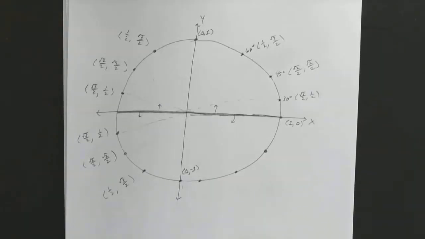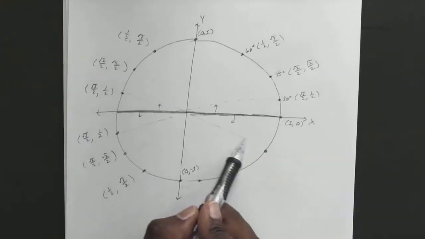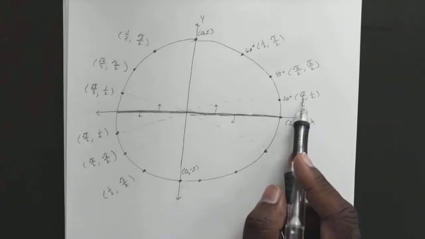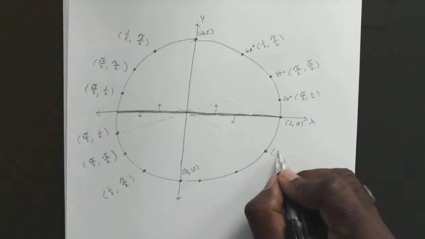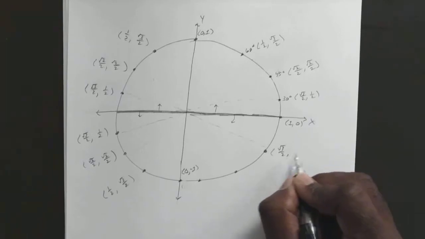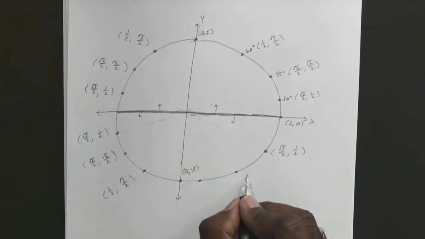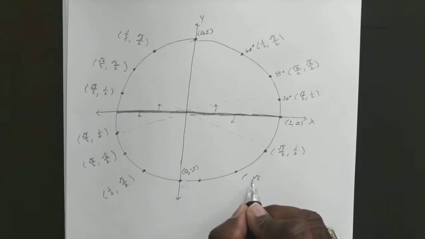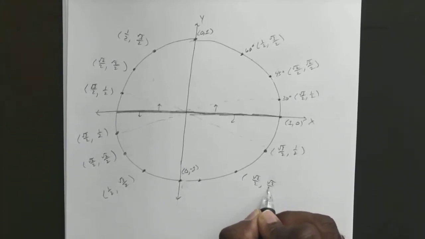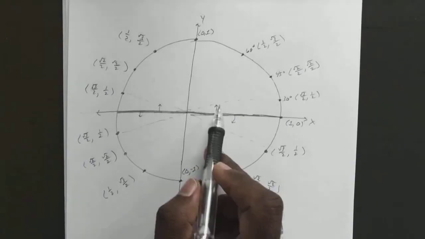Okay, same thing here. Let's say if we decided to swing our theta that way. If we did swing it 30 degrees that way, again, we'll be at square root of 3 over 2, 1/2. We swung it 45 degrees, we'll be at square root of 2 over 2, square root of 2 over 2.